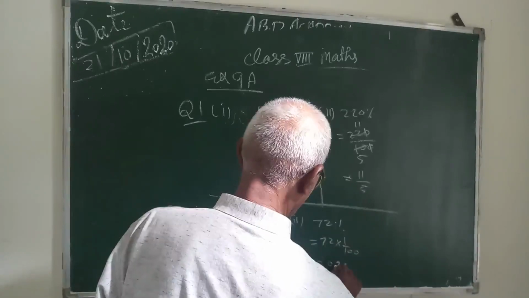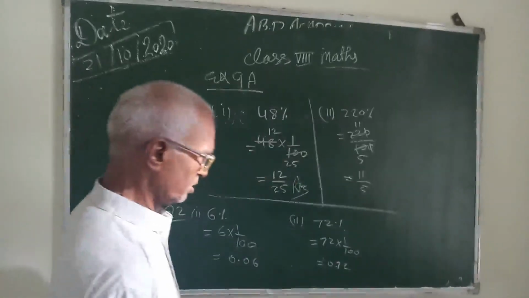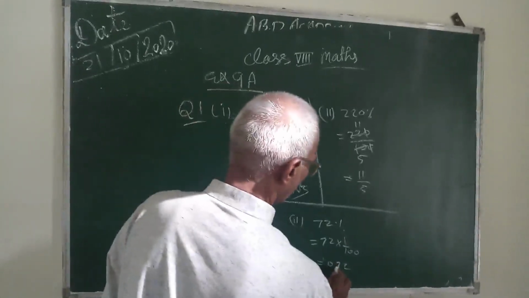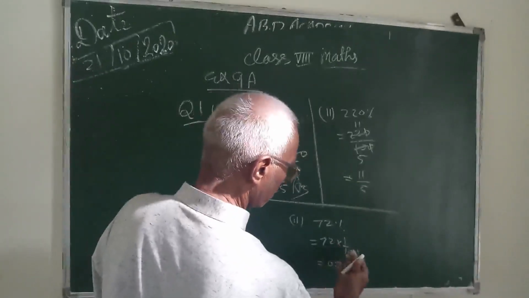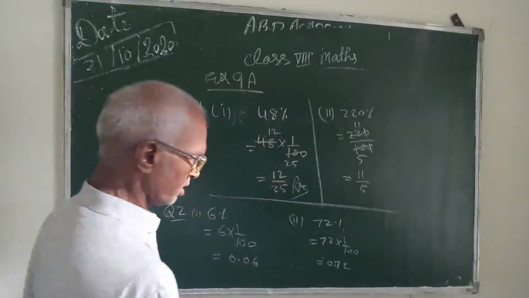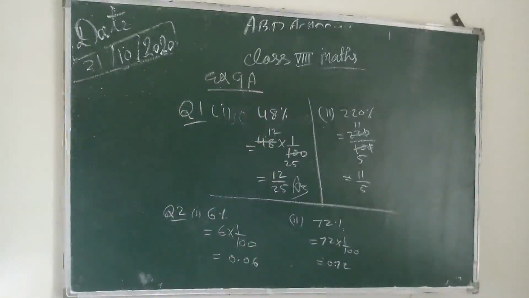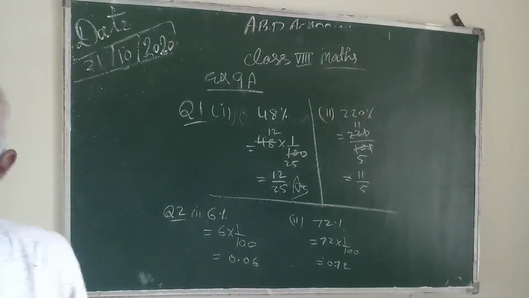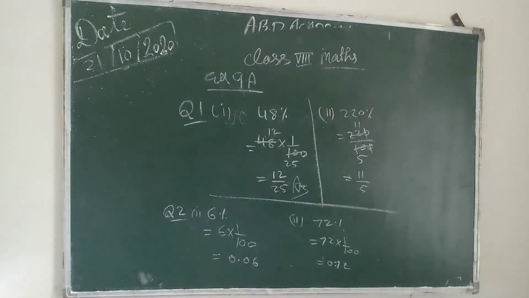You know the rule: with 2 zeros, the decimal point moves 2 places to the left and it becomes 0.72. So in these two questions, percentage is changed into fraction or decimal.